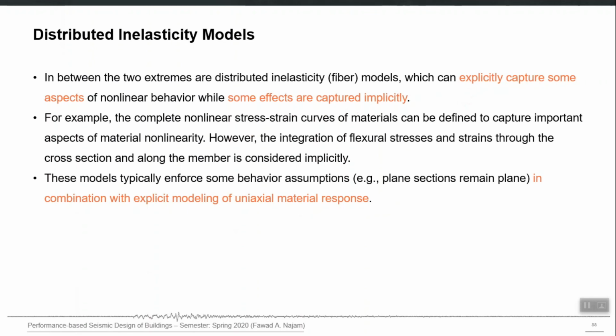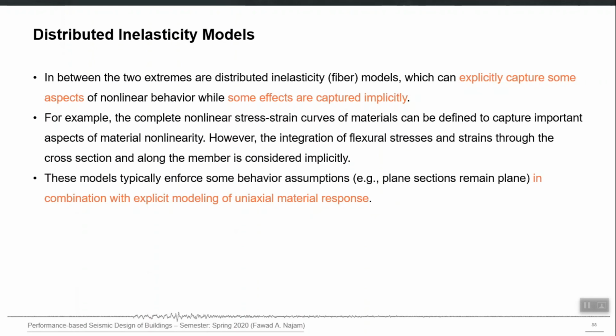So you may be able to trace the progression of structural damage in this kind of a model, but then very localized kind of failure, you may not be able to handle that explicitly. For that you may be using some implicit relationship, right? So they are somewhere in between the detailed continuum models and the simplified concentrated plasticity models.